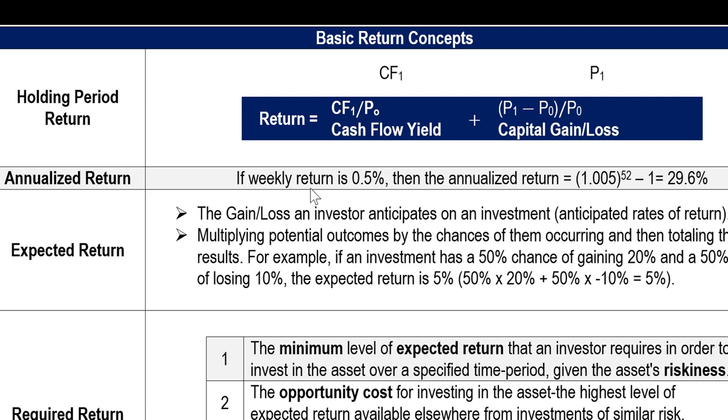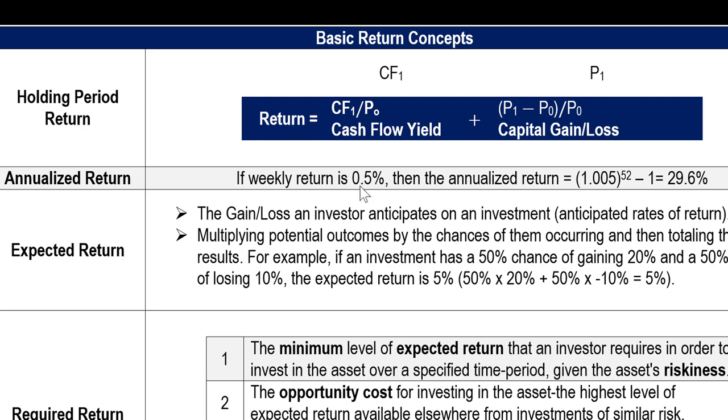For example, suppose you calculate a weekly holding period return of 0.5%. That means every 1 week the investment is going to generate about 0.5% return. Then the question is, what is the annualized return?